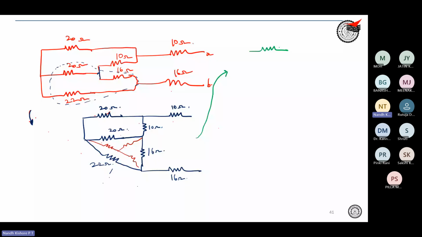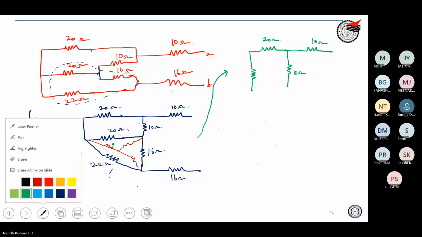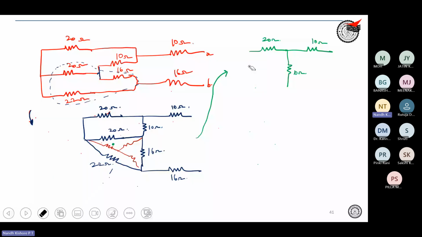20 ohm, right? So what is this resistance? This resistance will be basically 22 into 20 divided by 22 plus 20 plus 16. And you are having 10 ohm over here. This is 10 ohm. Let me redraw.